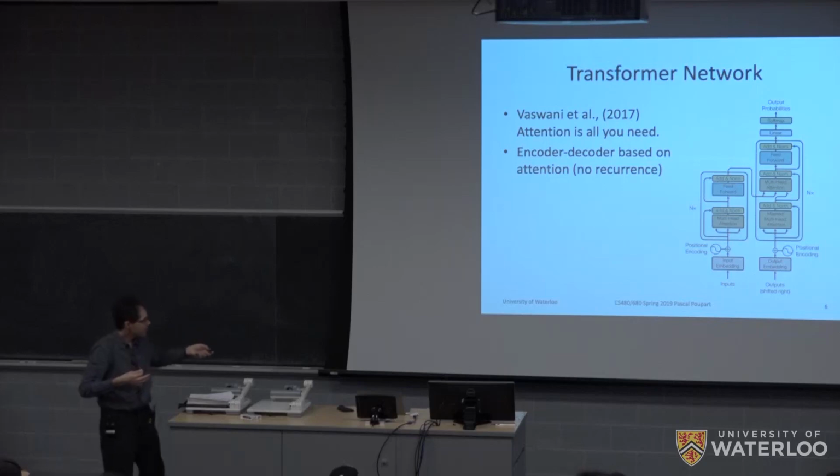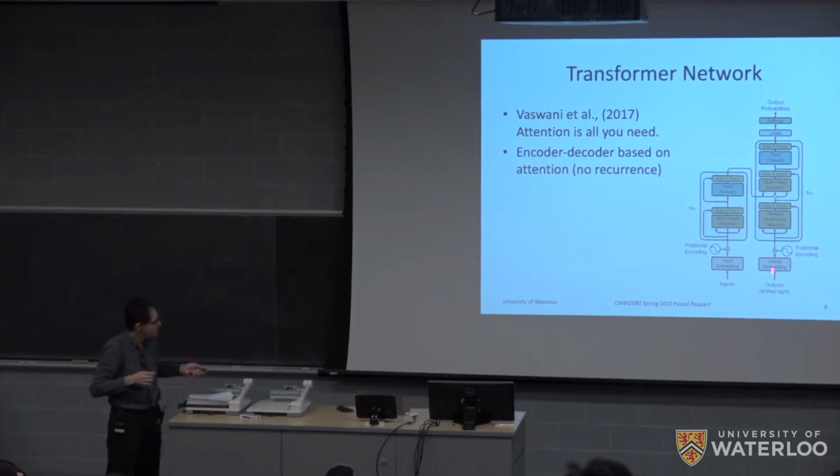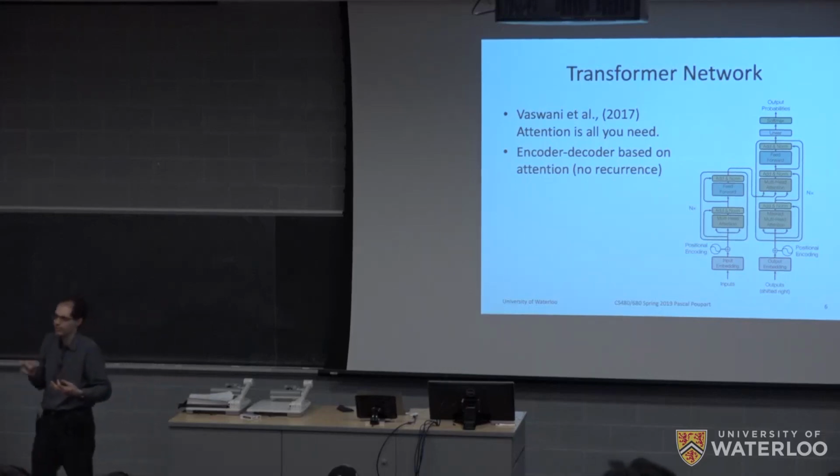And the other thing that might not be obvious is that it looks like here, when we've got some output, it gets fed back in as input here, and that looks like it's creating a recurrence.